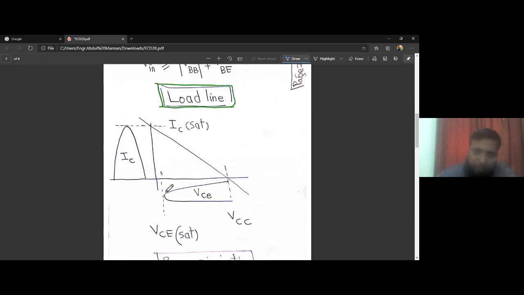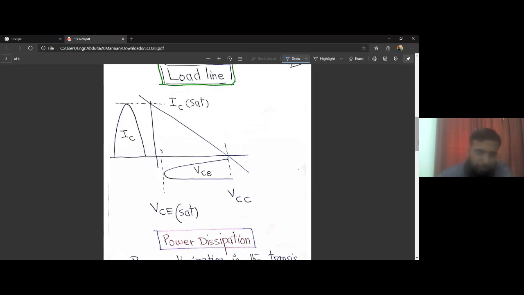And we can have this full VCE swing from VCC down to almost a voltage equal to ground, 0 volts. So this is the full swing available for the transistor, and this is the swing for current. VCE sat is approximately equal to 0, a voltage very close to 0. So for the output voltage, we have the full VCC. This can be the swing in the output voltage VCE, and this is the max current, which is of course equal to VCC over R.